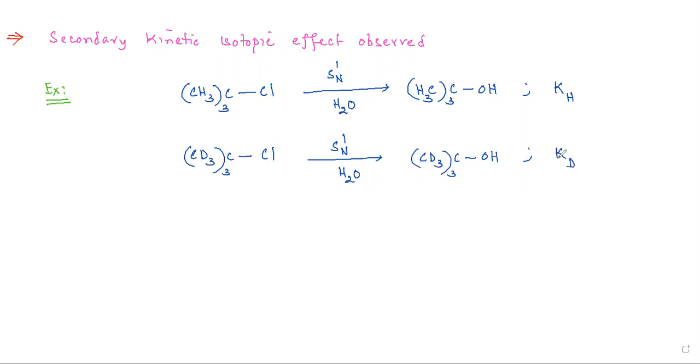Now coming to these two, if we observe the ratio of KH to KD, it is about 1.2. Now let me say what the secondary kinetic isotopic effect is. You know, in this case, the site of bond breaking is this, right? This is a bond breaking site.